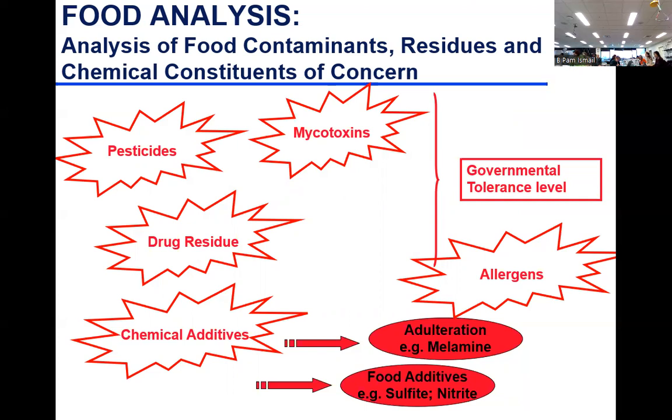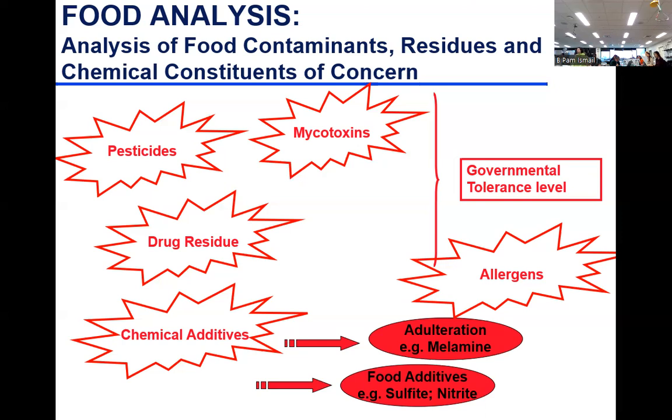We have a whole table summarizing a lot of chemical additives, including adulteration, food additives like sulfide. They act as antioxidants and anti-browning. Nitrite for curing meat. Nitrite with protein forms nitrosamines.